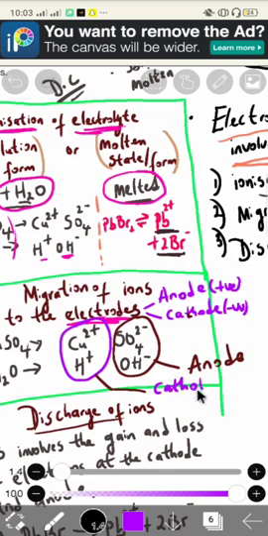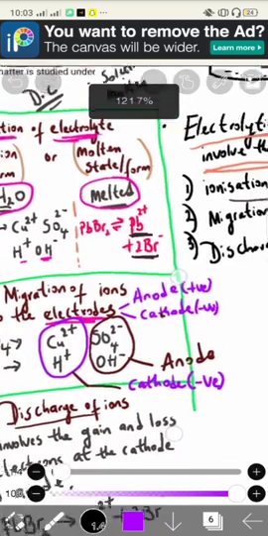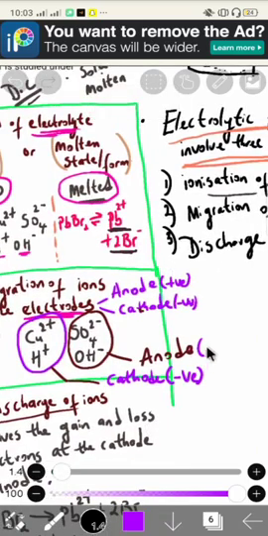Cathode. Remember, the cathode is negative and the anode is positive. That is why this anode here is attracting this negative ion, because it is positive. While this negative electrode, which is the cathode, will be attracting the what? Ions, which are positive.